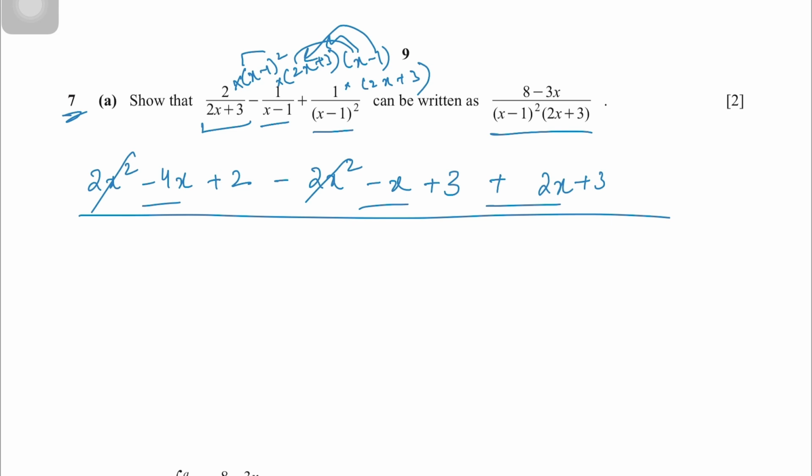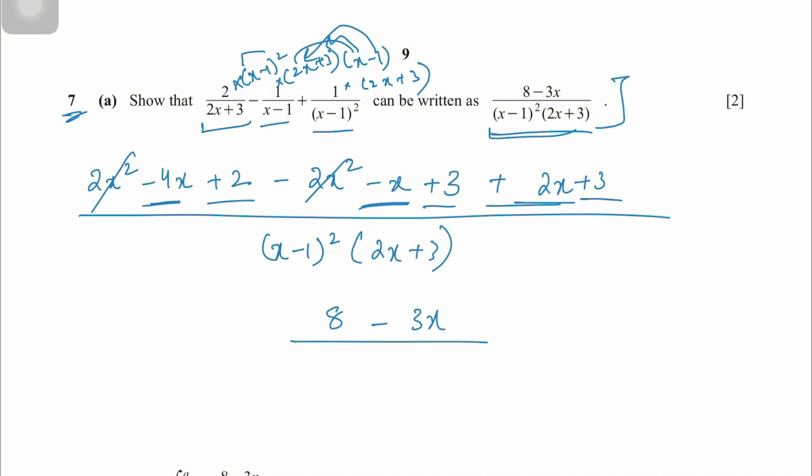So this would be negative 3x, and we have our LCM as x minus 1 whole squared and 2x plus 3. So this would be negative 3x since it's negative 5x plus 2x. We have 2, we have 3 and then 3. So this would be 8. Hence, we have proved it, right?